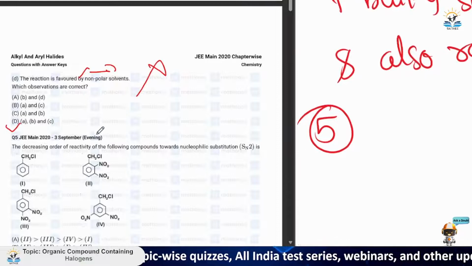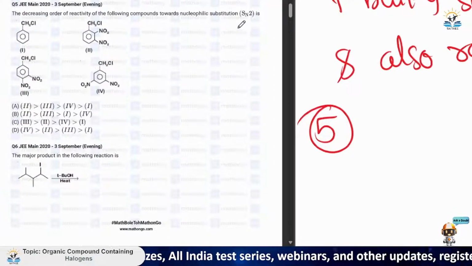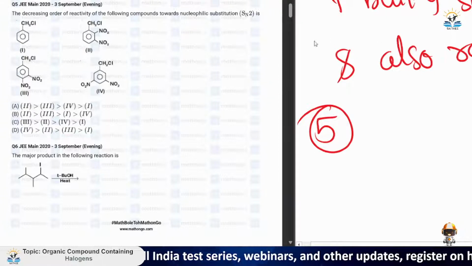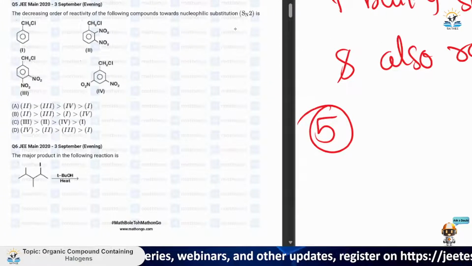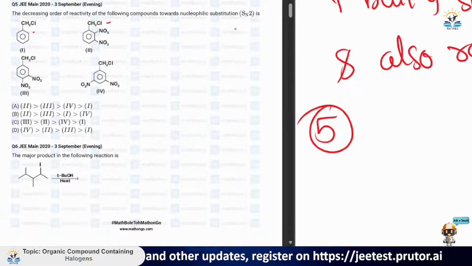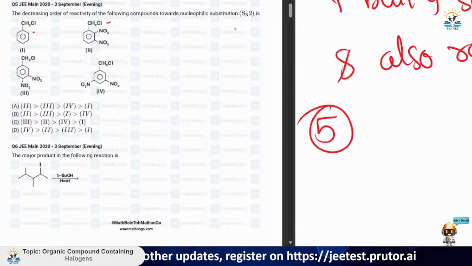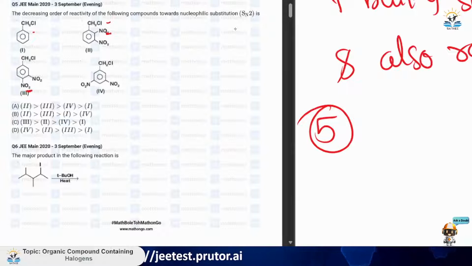What is question number 5 saying? The decreasing order of reactivity of the following compounds toward nucleophilic SN2 is, okay. If you want to add some nucleophile to these aryl halide compounds, where will the reactivity be highest and where will it be lowest? See, the NO2 group is present at the ortho and para positions.